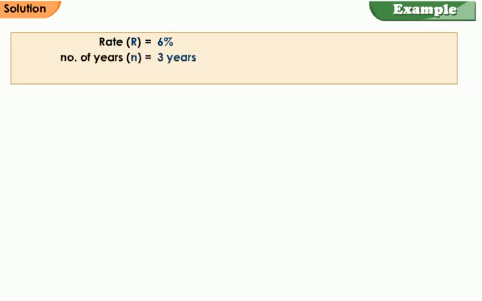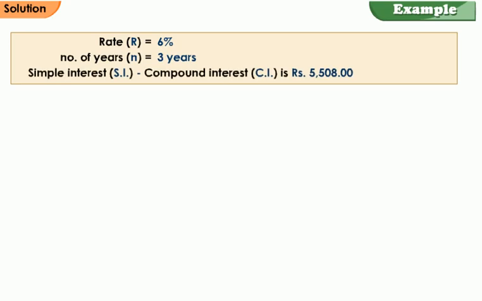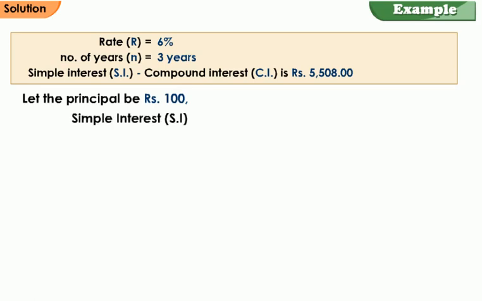Now let the principal be rupees 100. Then simple interest is given by PNR divided by 100, where P stands for principal, N for number of years, R for rate, and SI for simple interest.